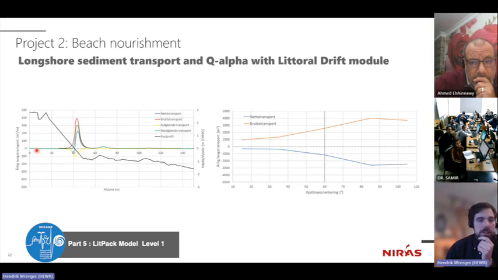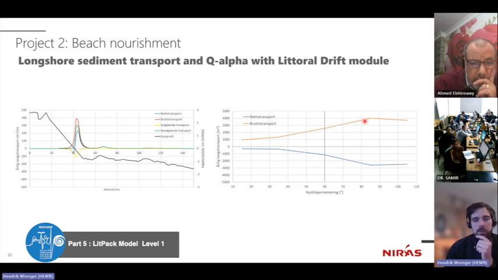That's the transport averaged over, or accumulated over, the simulation period. So that's not a snapshot at a given point in time, but over the assessed model period. And then we also looked at the Q alpha curve again to establish the equilibrium orientation.